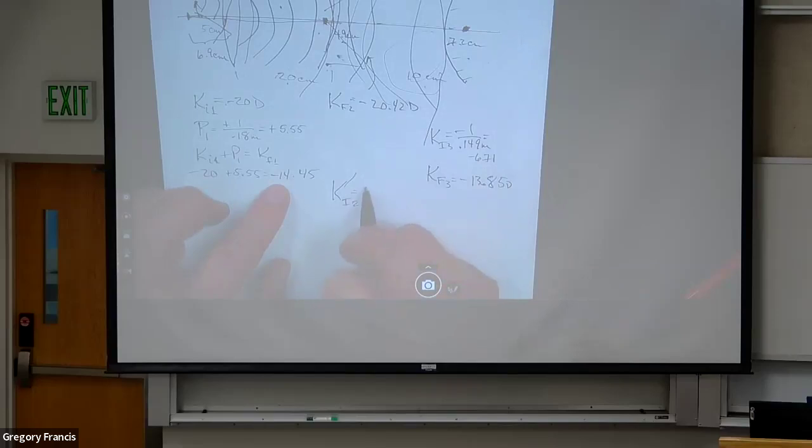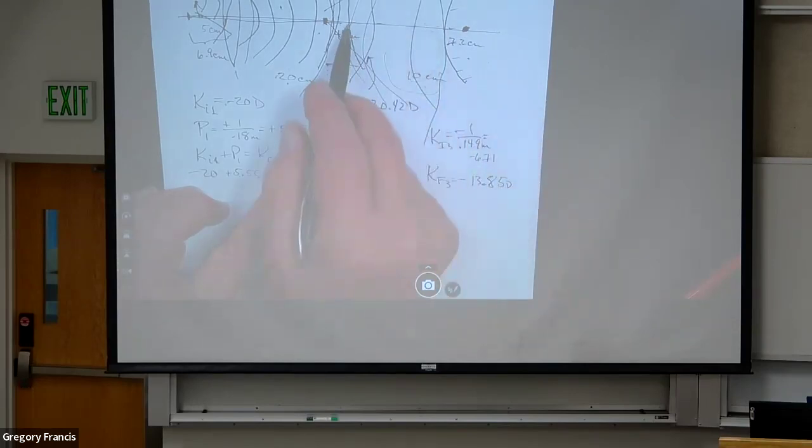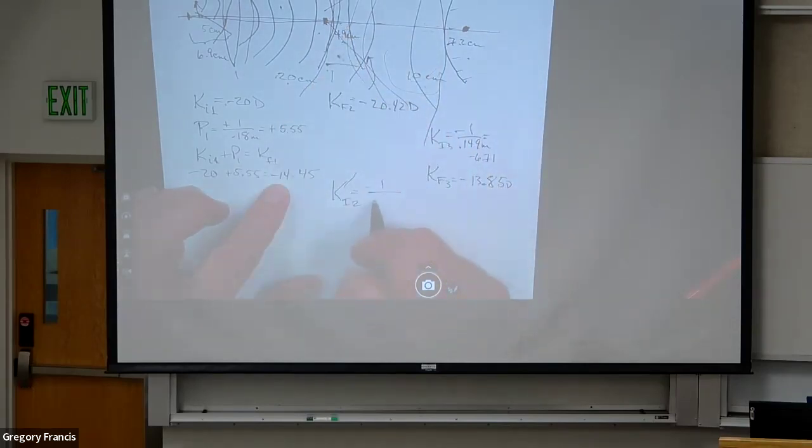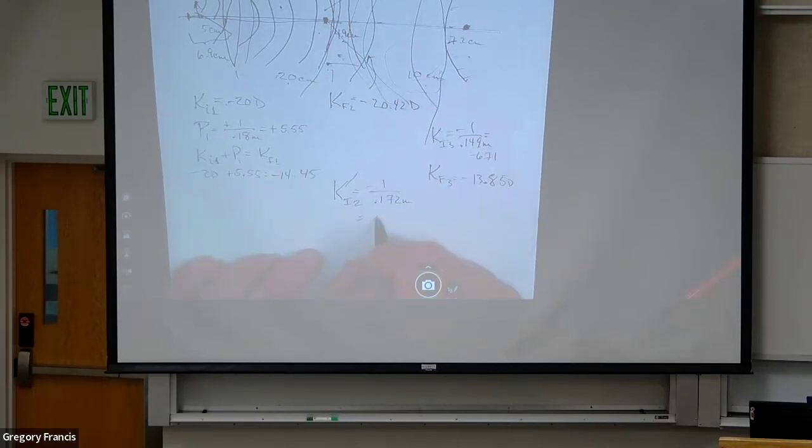That's going to be negative 1 over. I've got 7.2 centimeters here and 10 centimeters to get back to this lens. So that's 0.172 meters. And that's going to be 5.8, and it's going to be negative diopters.